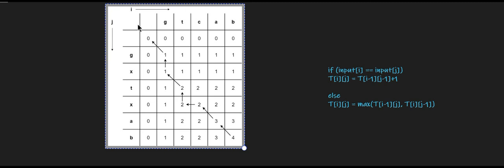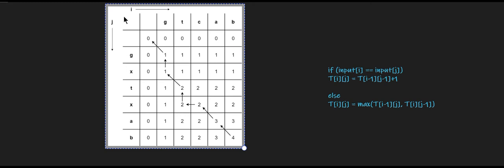Now let us look at how we fill the matrix. First, we fill out the first row with the first string that we are given, that is GTCAB, and the first column is filled by GXTXAB, that is the second string.